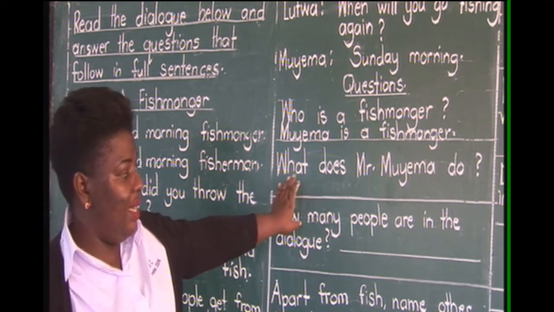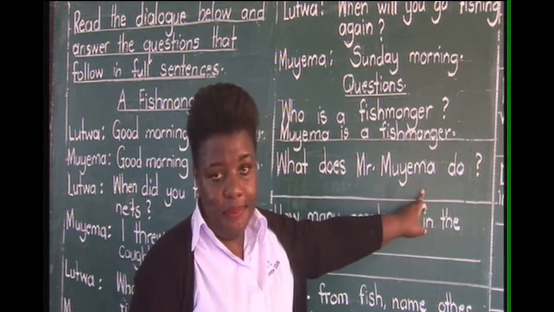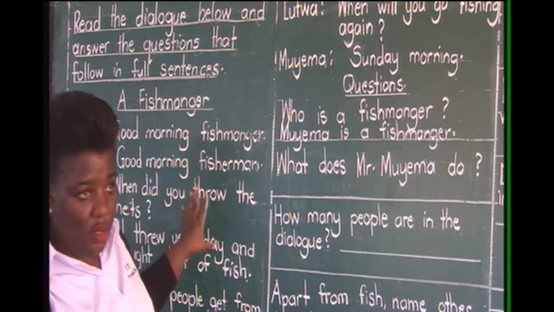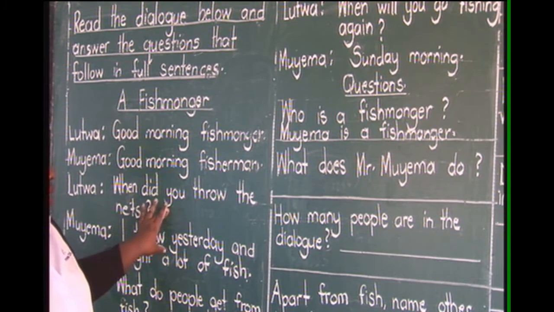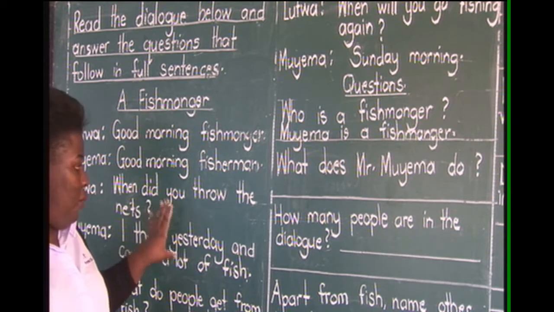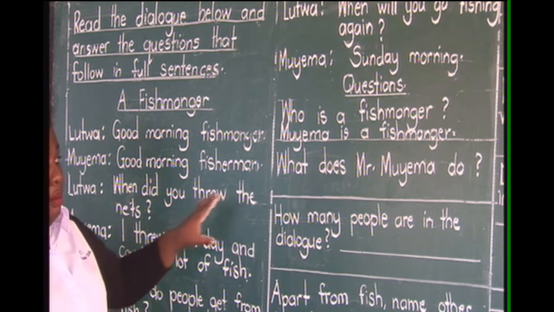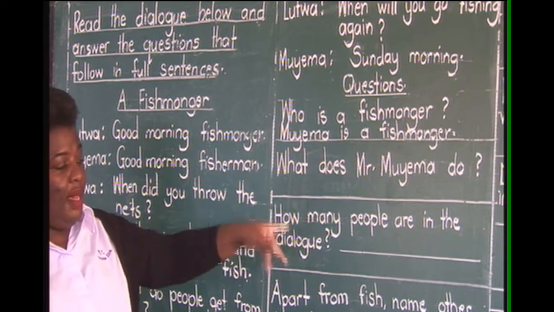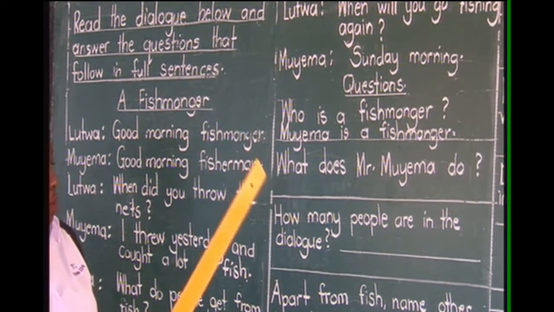So you will begin Mr. Myema and then you write the answer. Like I told you, the answers are within the text, within the dialogue here. So you will have to read more than one time so that you can understand properly. You write the answer and end it with a full stop.